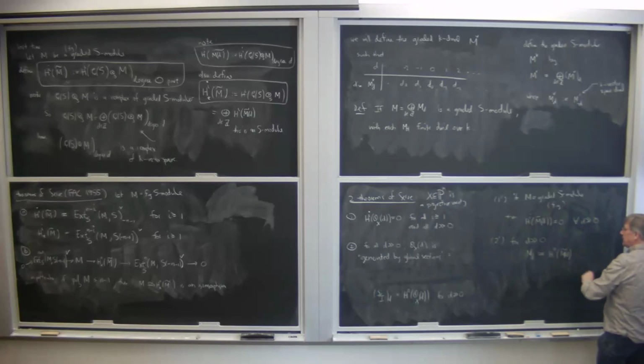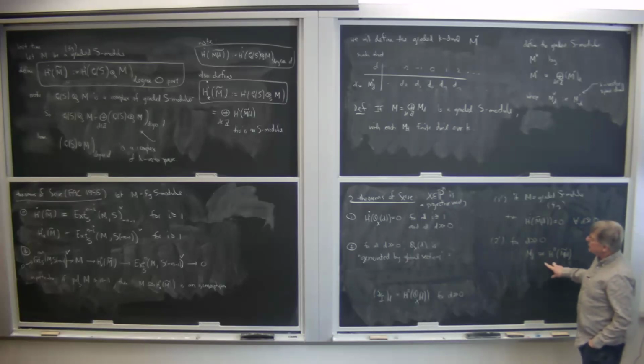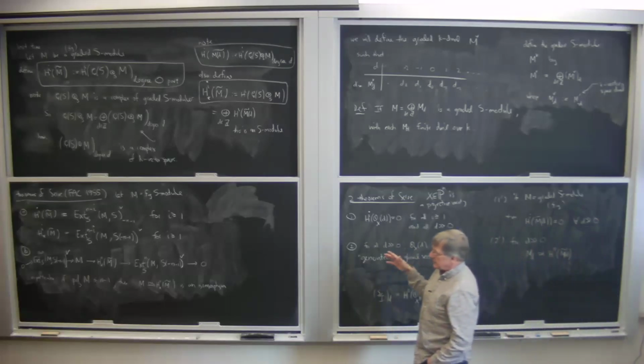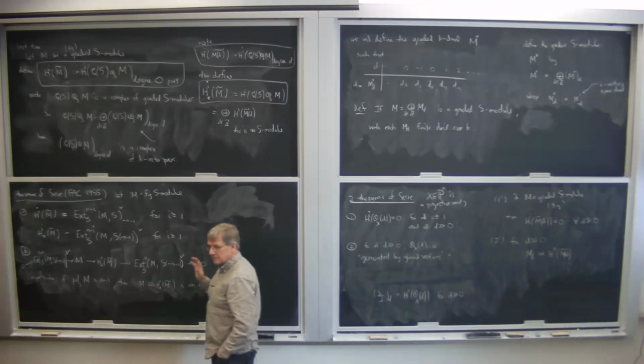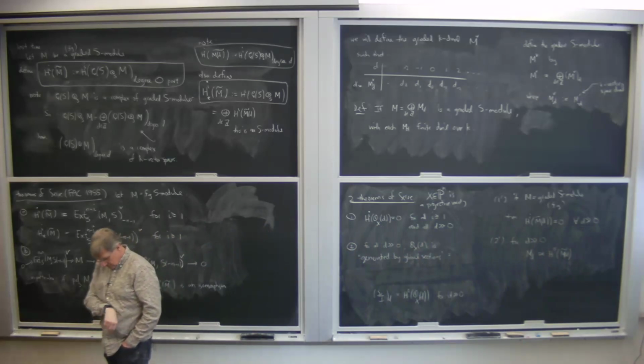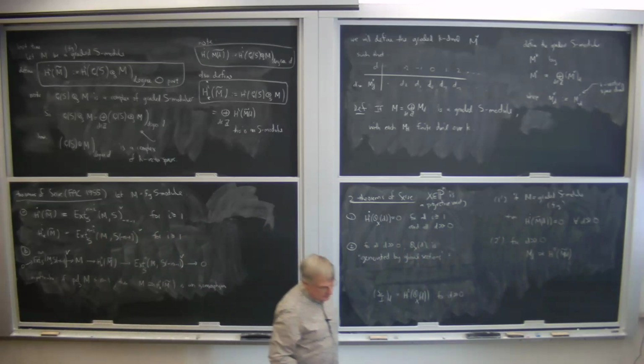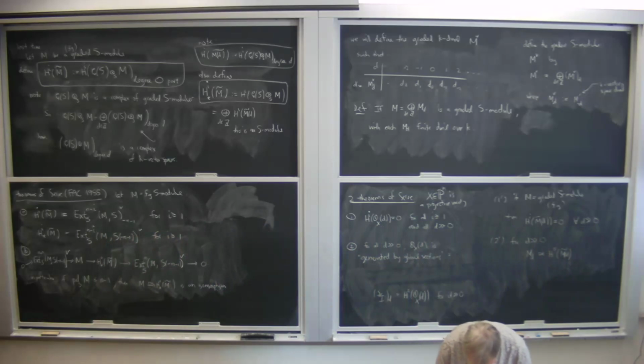And this is for D large enough, we always get all the sections that we started with. So these are sort of the key theorems of Serre that get used all over the place in the whole theory, and they follow directly from the stuff here. Okay, what else do I want to say about that?